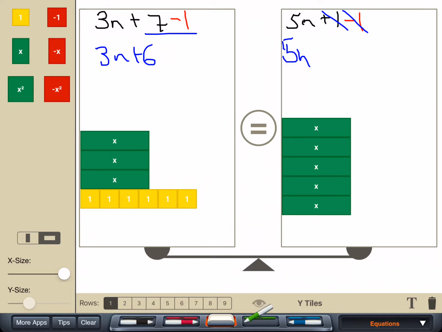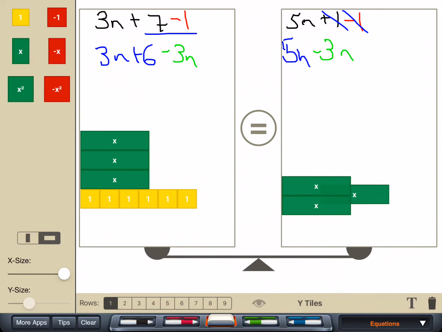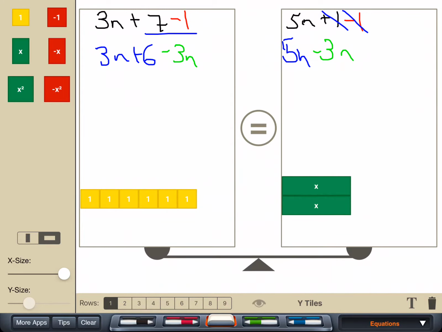So in this case, I'm going to subtract 3n from this side and 3n from this side. Okay? Now if I take a look at my model, what does that look like? 3n going away here, 1, 2, 3, and 3n going away here, 1, 2, 3.